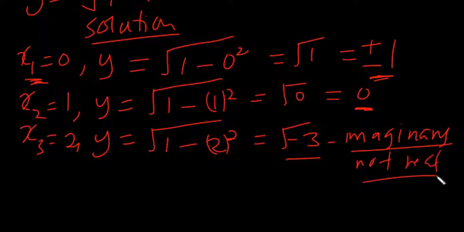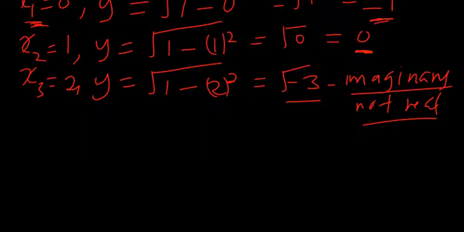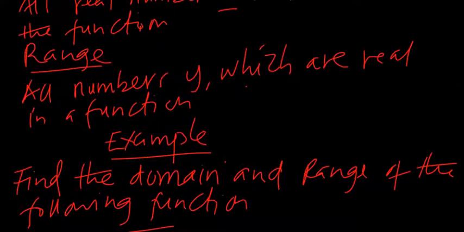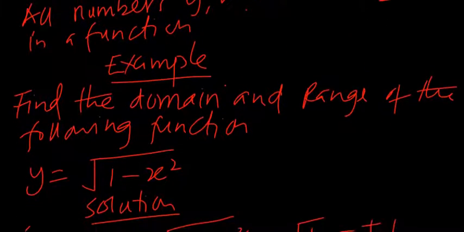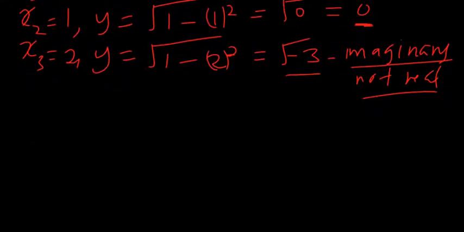Thus, this will appear in neither the domain nor the range. Are we together up to that point? Any number greater than 2 will behave the same way. We will get an imaginary number, and from our definition, we are dealing with real values, not imaginary. Even for the range, we are dealing with real numbers.